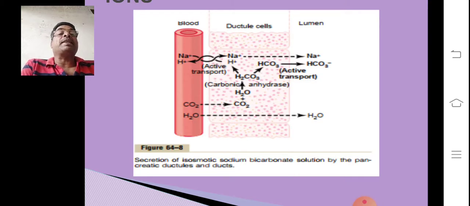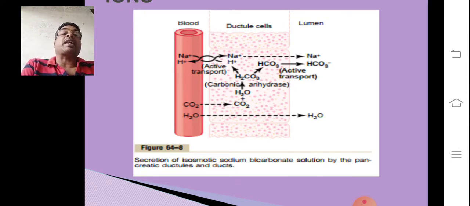These HCO3 minus ions are secreted into the lumen of the duct, and H plus ions are secondary actively transported into the blood, with sodium ion taken in place of the hydrogen ion.